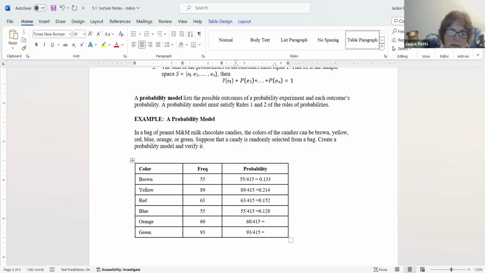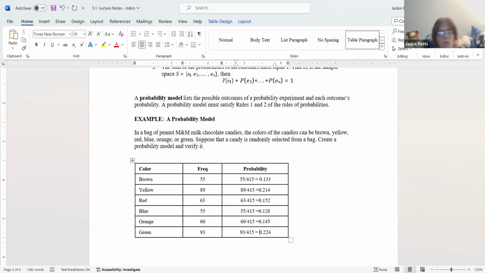All I'm doing is keying this into the calculator. Then 0.145, and 0.224.